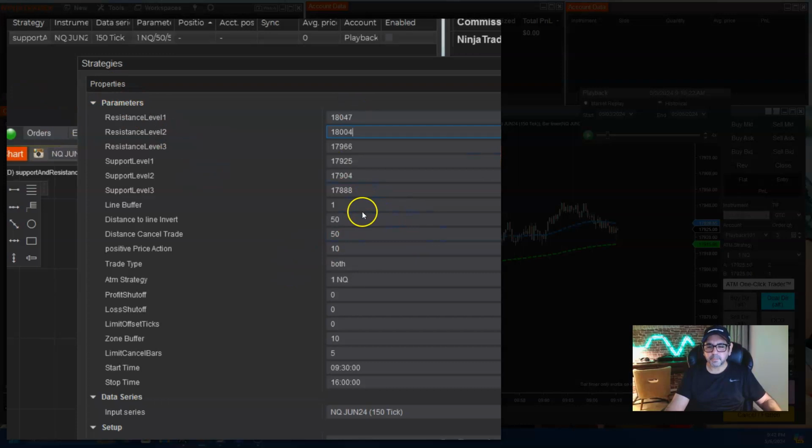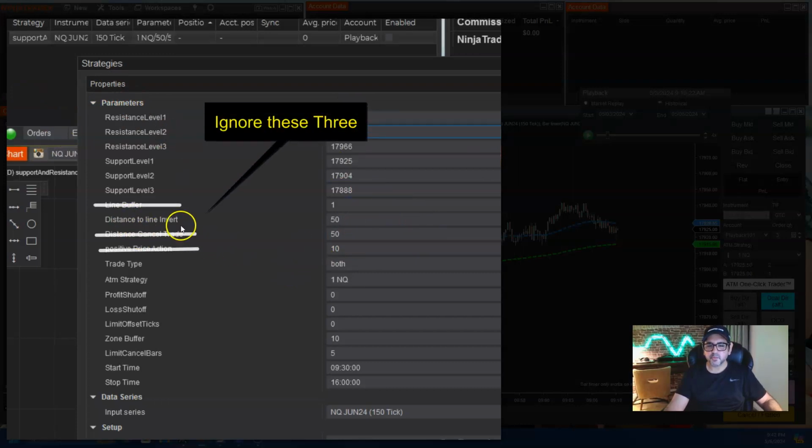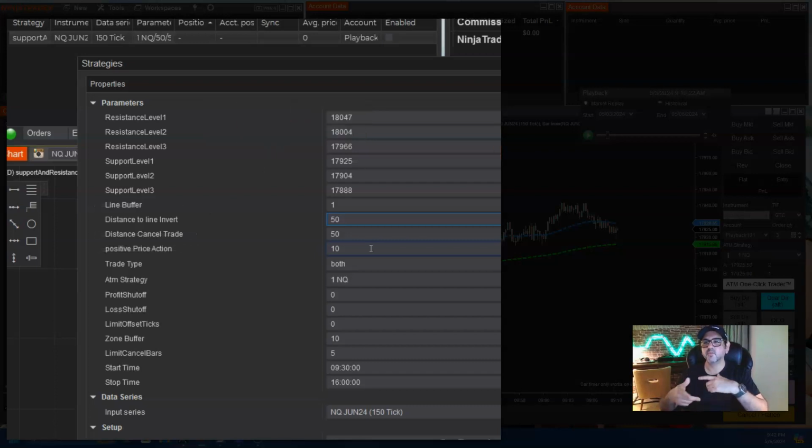Okay, a couple of things. Distance to invert, right? What does that mean? It means how far over or below a level you want the price to go before that level gets converted or switched into a resistance level from support level, or vice versa, right?